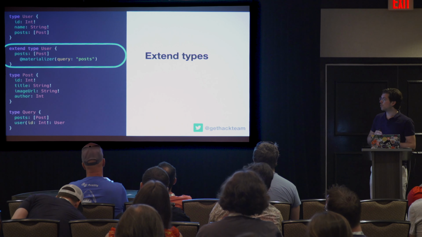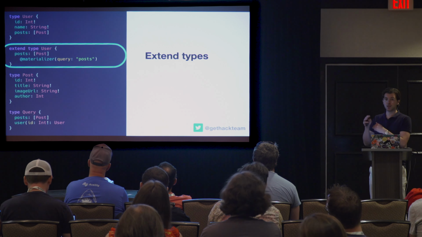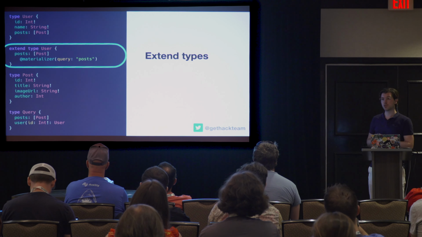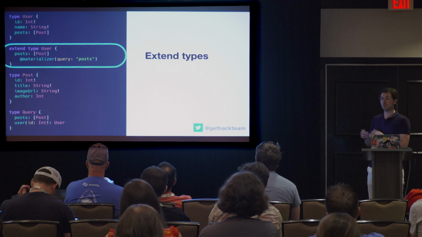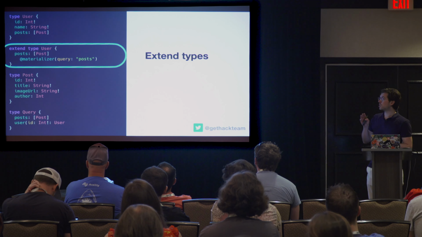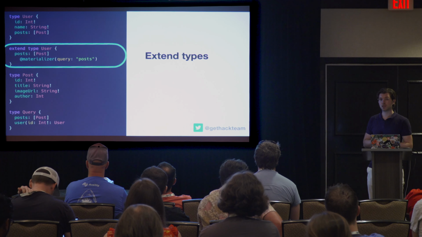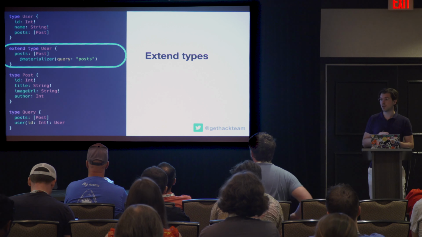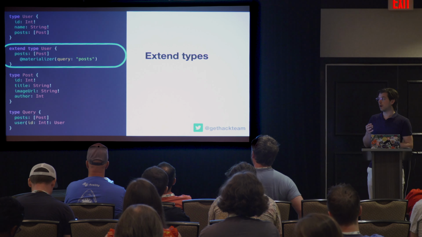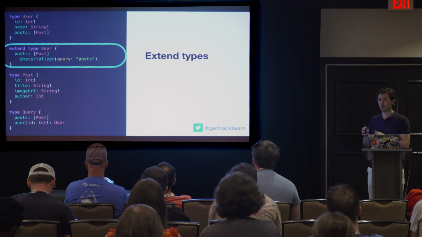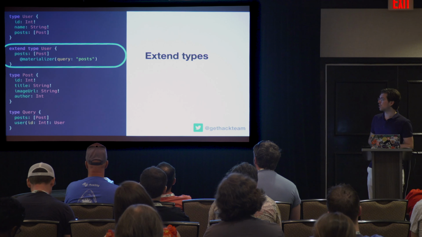Maybe you're creating a schema for one of your services, then you can create a second schema that's just extending data from the underlying schemas. So if you want to automate stuff, it is a nice way to regenerate the schemas of every service and then bring them together by just extending types.